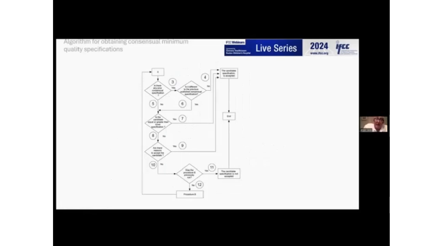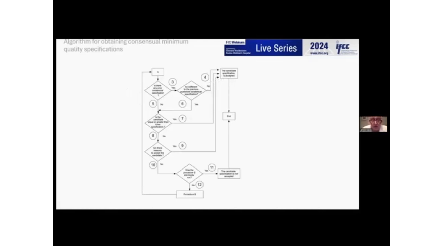Then we say, is the candidate specification equal to or higher than the mandatory compliance specification from Germany or the United States? If it is, the candidate specification becomes definitive. If not, the committee asks, are there reasons to accept this candidate specification? If the committee considers it acceptable, we follow this path, and the candidate becomes definitive.